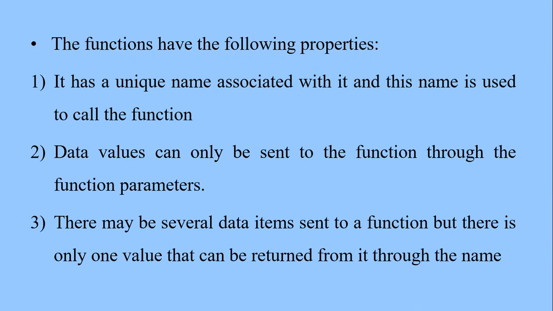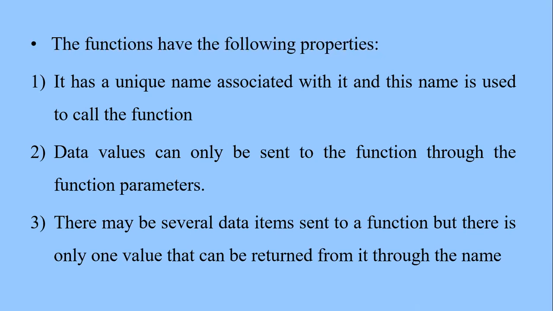In other words, a function may have several parameters and several arguments. So a function declaration may have several parameters. The function call statement may have several arguments, but the number of values to be returned by a function is only one.